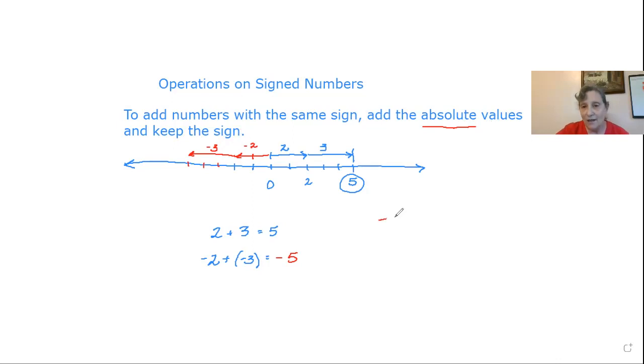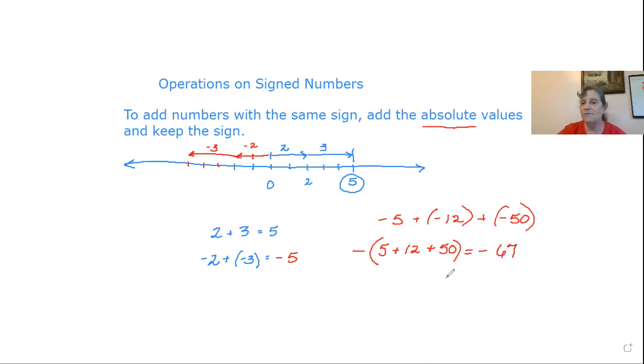If we want to add a -5 and a -12 and a -50, that's going to pull us a total of 5 plus 12 plus 50 units in the negative direction to the left. So we're going to end up 5 plus 12 plus 50 units to the left, which is going to be 62, 67.